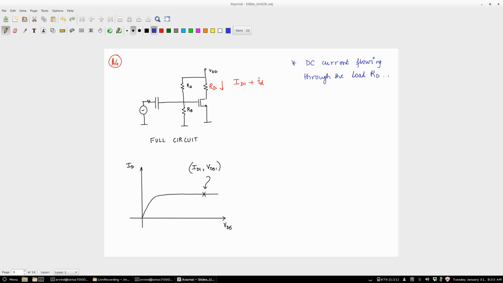See, the fact that you have DC current to the load. For example, if you have a load like a speaker, and speakers are basically coils.